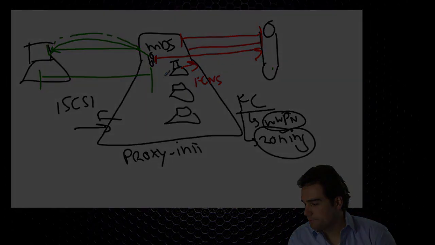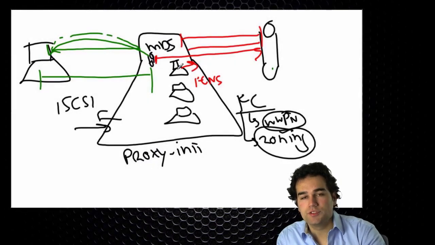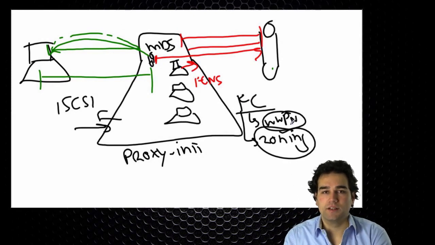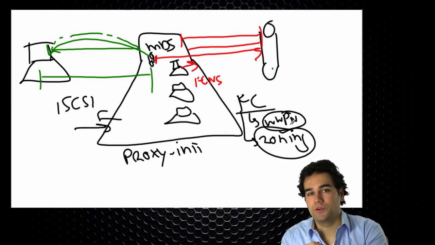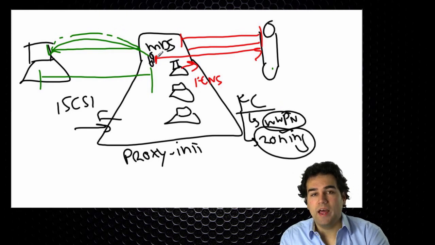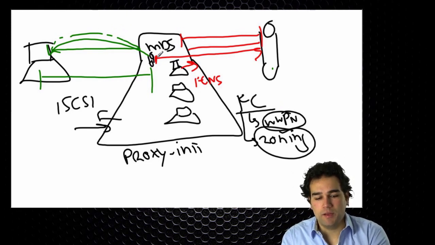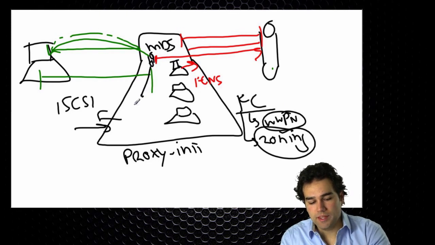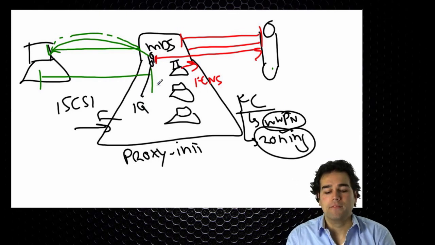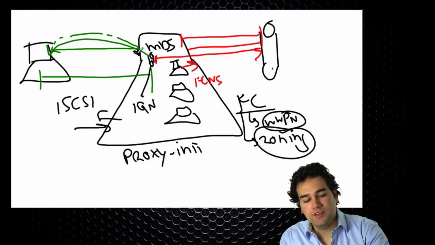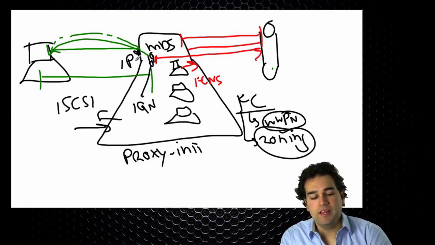So just assume here every server logs into the fiber channel fabric. An iSCSI host on the fiber channel network will get a WWPN assigned. It will log into the fiber channel network. The same will happen with the disk. So every disk that I want to advertise on my network will first of all get an IQN. And of course this Ethernet port will need to have an IP address assigned.